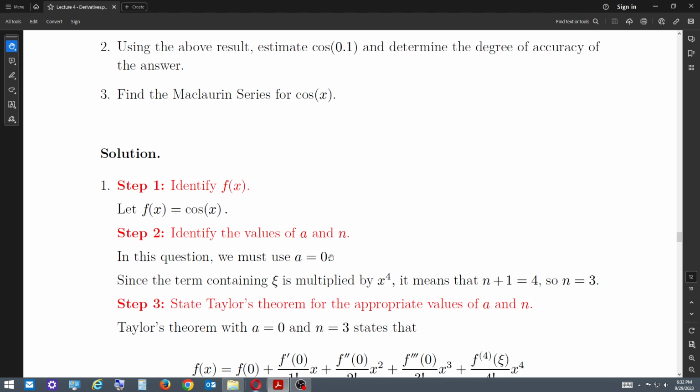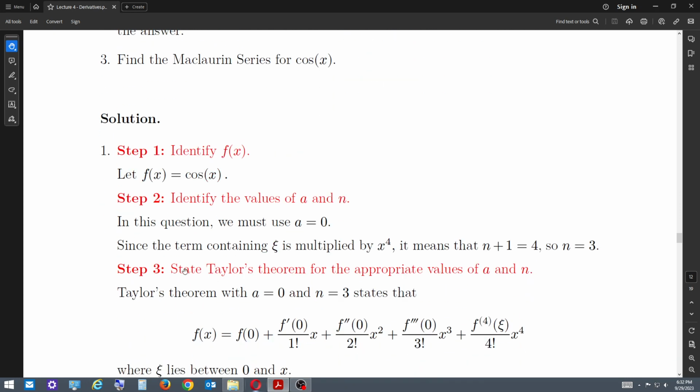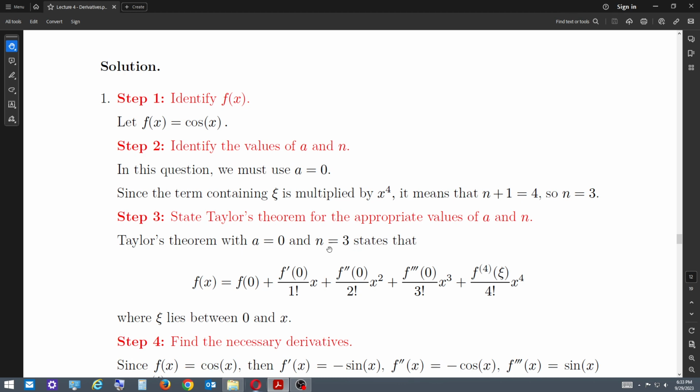So we know what f of x is, we know what a is, we know what n is. Now we can go and use Taylor's theorem. So the third step would be to write what Taylor's theorem is for these particular things. I would leave f of x in, but specifically for the values of a and n. So you state Taylor's theorem for those two values, so a is 0, n is 3.